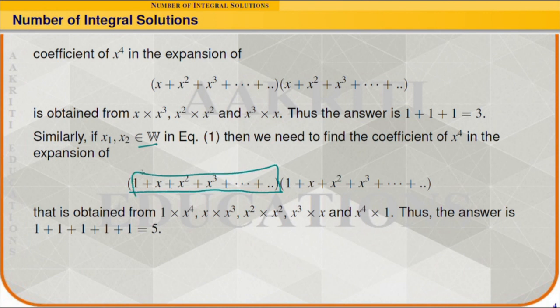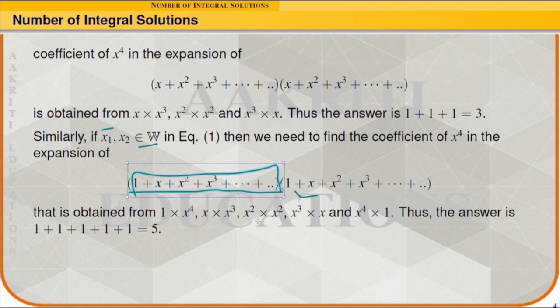It starts from x raised to the power 0, because whatever values these variables take will be the powers in the expansion. Whole numbers start from 0, so that's why x raised to the power 0, x raised to the power 1, x raised to the power 2, x raised to the power 3, and so on. Similarly for variable x2, and that's why we have written the expansion like this.